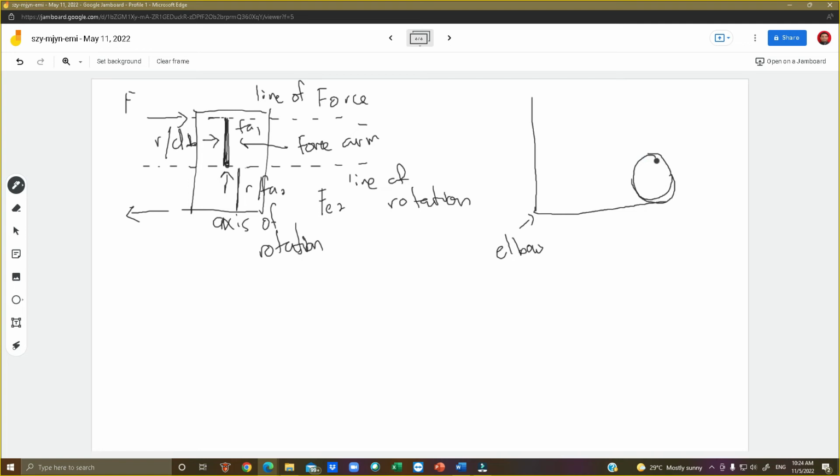Weight bergerak ke mana? Atas ke bawah? Normal. Kita bukan buat concentric action, just normal. It will move down, right? At the same time, you're going to have your muscles here.